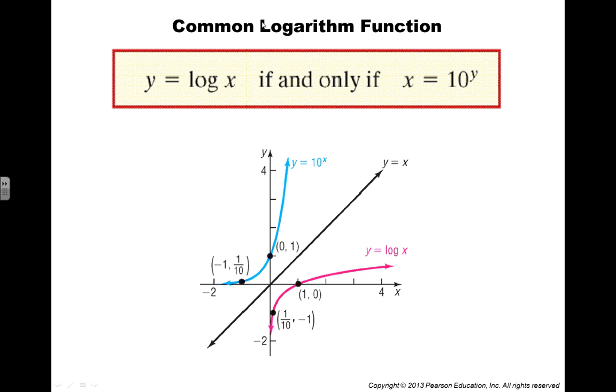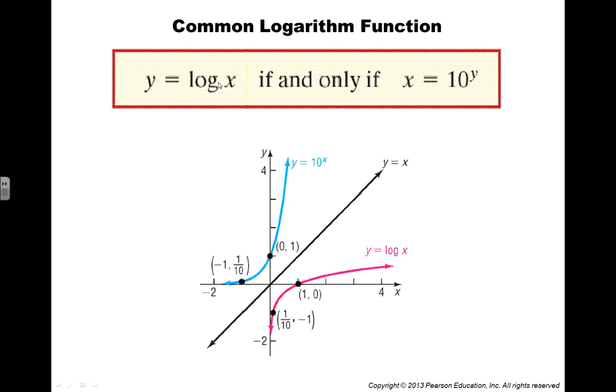Okay, so the other logarithmic function that we give its own name to is the common logarithmic function, or common log. Its base is 10, and we have y equals log base 10. If you notice, we don't write the base when it's base 10. It's like the difference between writing x and 1x.